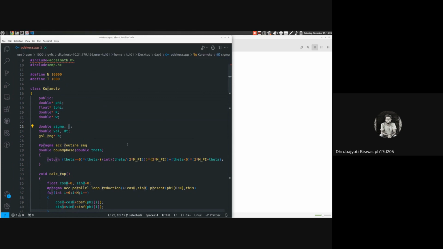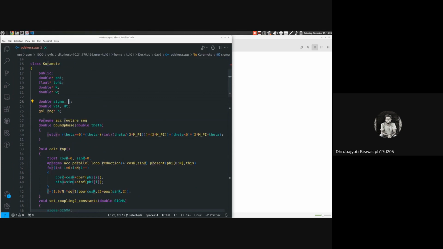What is the order parameter? I have calculated it here. The function is 1 by n summation j equals 1 to n of e to the power i phi j. So it takes a vector sum of all the phases, taking each component.